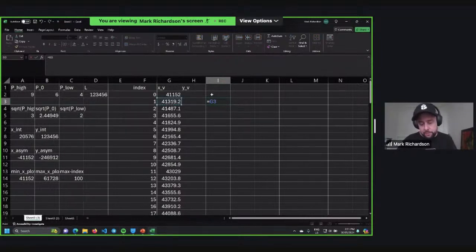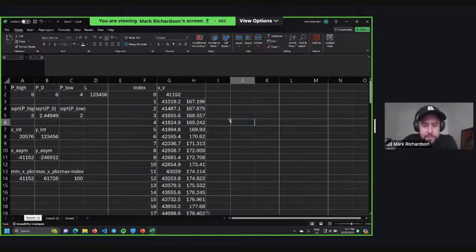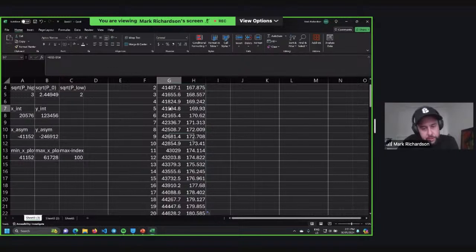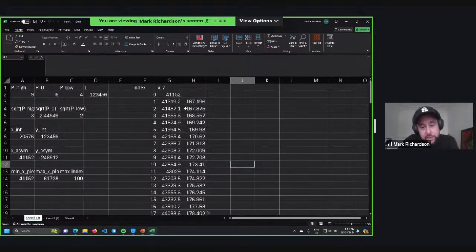So if I take, for example, each one of these values and subtract it from the value that occurred before it, what you will see, let me get rid of this cell here, what you will see is that the distances are all different, right? There is no constant difference between these values.